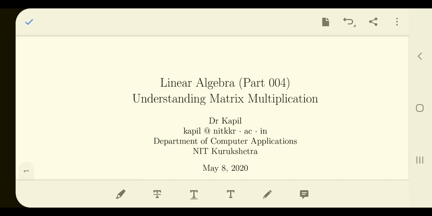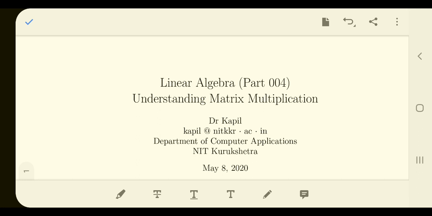So in this particular video, we'll try to move one step forward in solving the system of linear equations through computers by understanding more about matrix multiplication, because matrix multiplication is most important while solving the system of linear equations with matrices. So matrix multiplication is what we are going to understand.